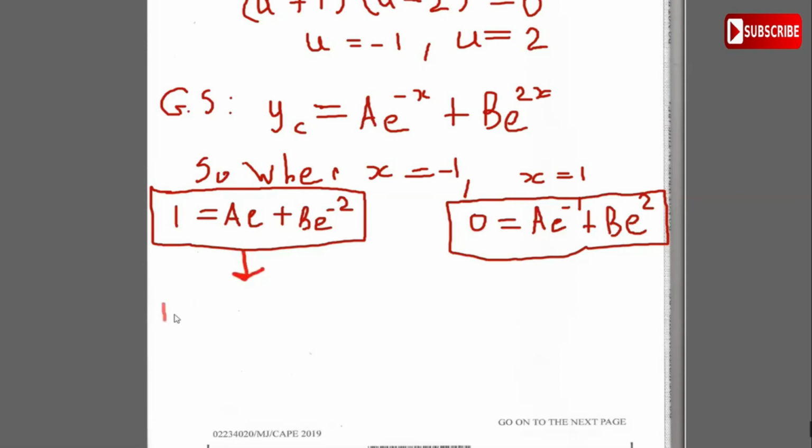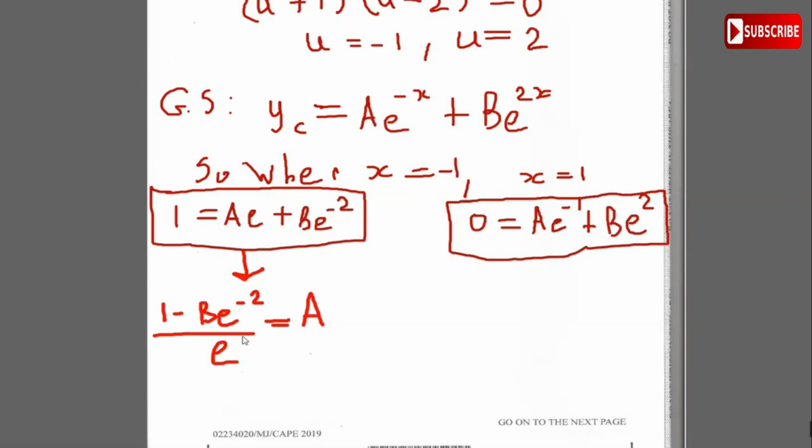I'm going to get 1 minus B e to the minus 2, over e. That's going to be equal to A.